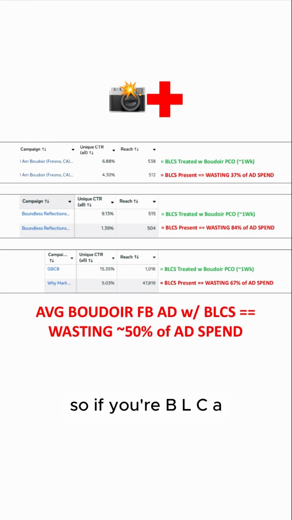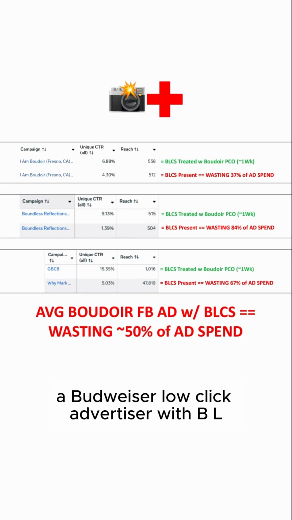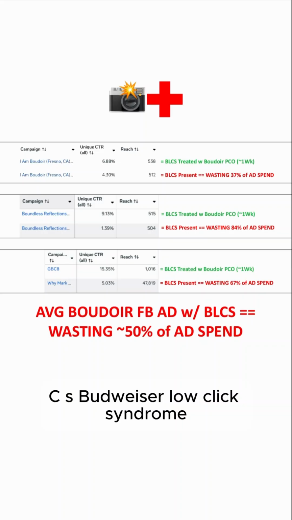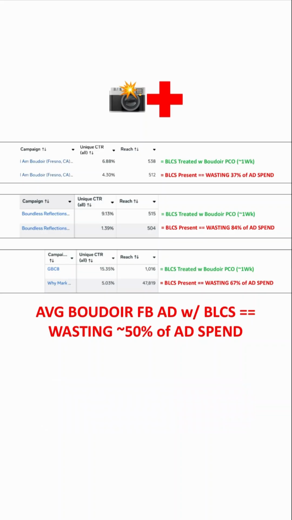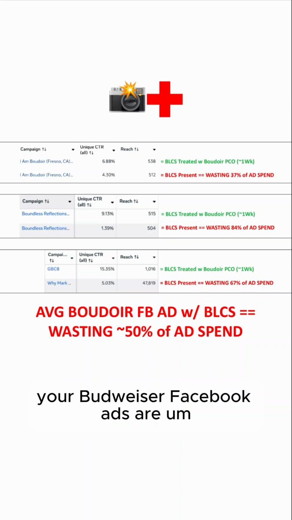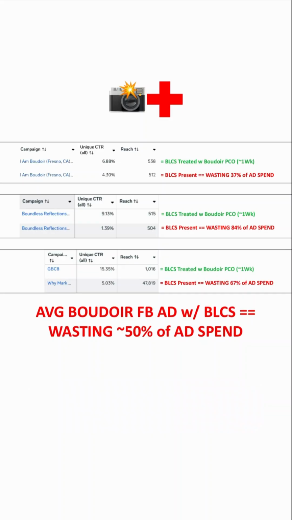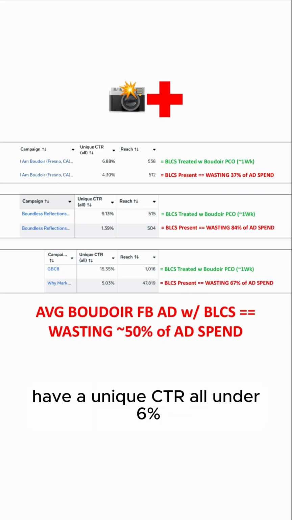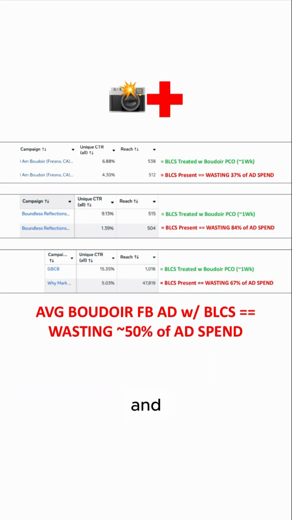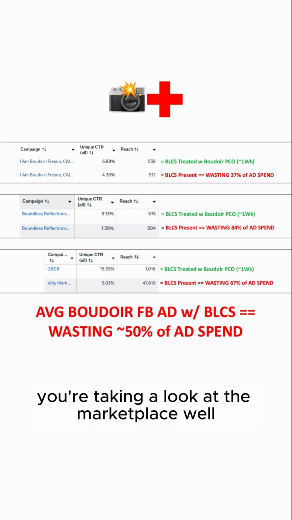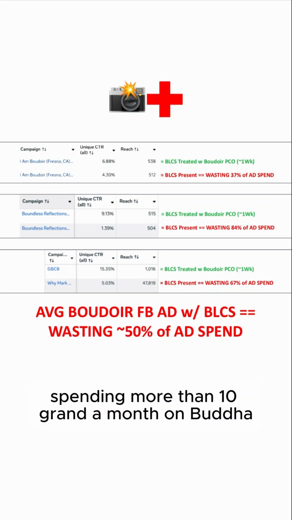So if you're a BLCA, a boudoir low click advertiser with BLCS, boudoir low click syndrome, your boudoir Facebook ads have a unique CTR under 6%. And you're taking a look at the marketplace, and you're spending more than 10 grand a month on boudoir Facebook ads.